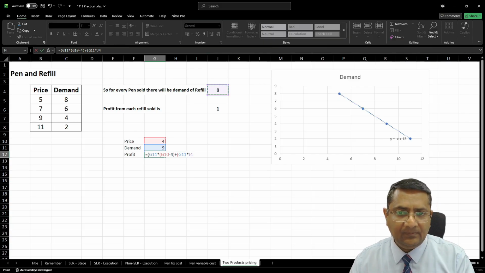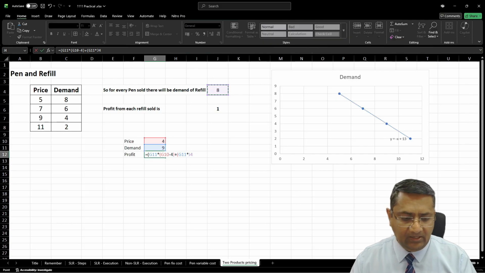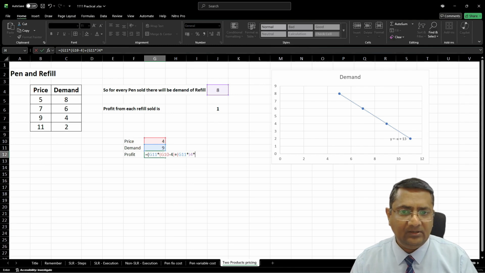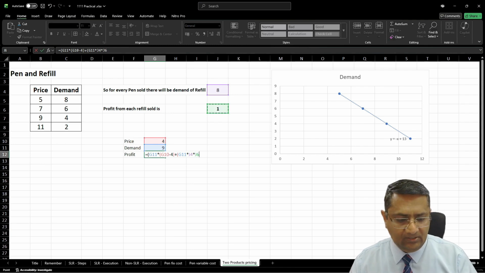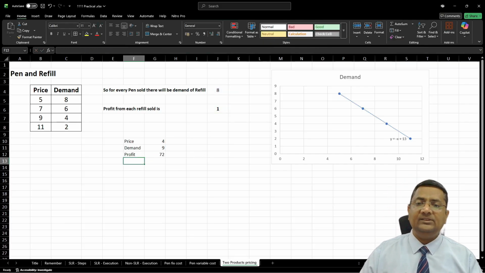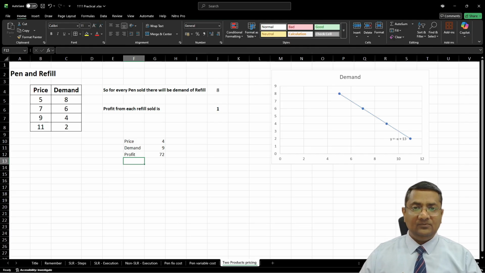Okay. Fine. And for every this we have profit is 1. So multiplied by profit. Let's close this and close one more bracket. Enter. So now the price is 72.